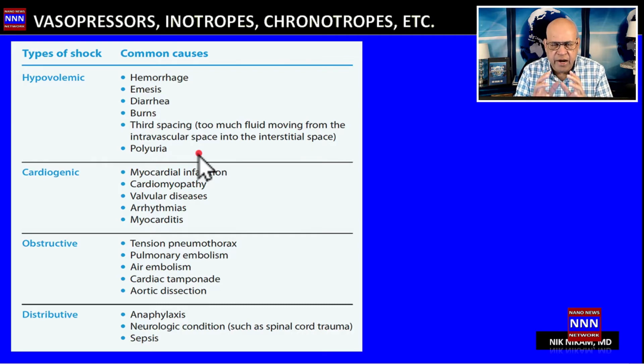When the left ventricular end diastolic volume is reduced, the stroke volume is reduced, which leads to reduction in cardiac output and hypotension. So that's the hemodynamic basis of reduction in blood pressure in patients with reduced intravascular volume from any cause.